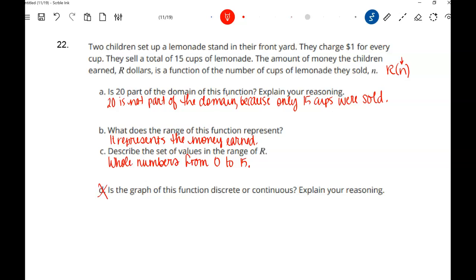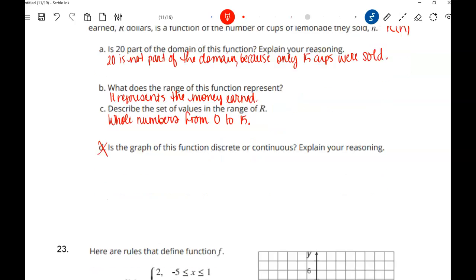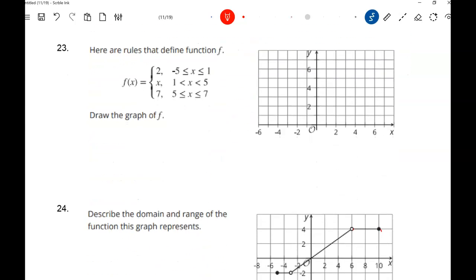We're not going to talk about D. Number 23 says, here are rules that define function f. These are all of the y's for these x's. For example, this first one says y is 2 if x is from -5 to 1.